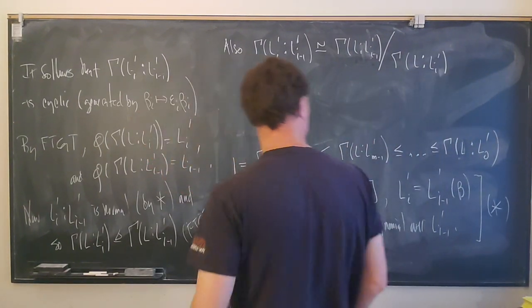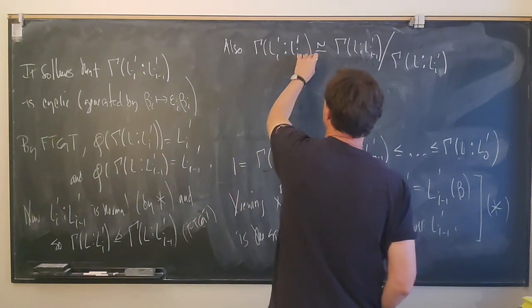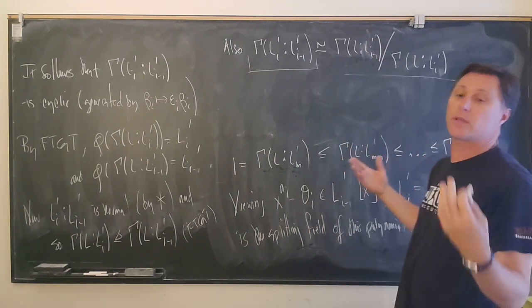Now, as we just said, this group is cyclic, which means that we get cyclic quotients, which means abelian quotients.